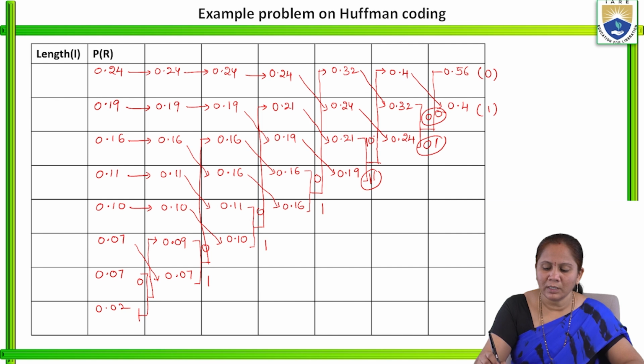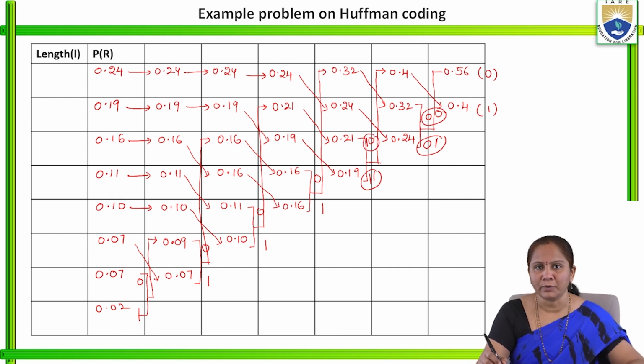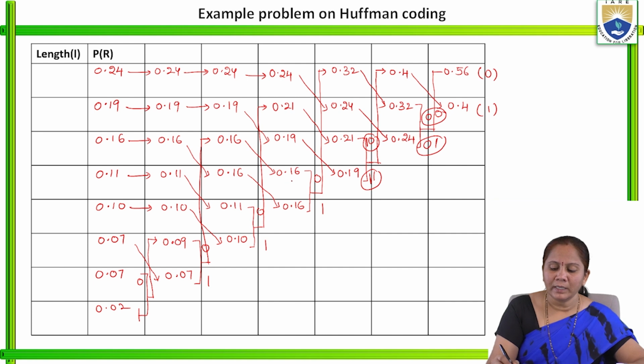So these are the codes for these two values now. And by adding this 0.16 and 0.16, 0.32 is generated. Here for 0.32, the code is 0, 0. So 0, 0 should be included to that. So we can have here 0, 0.